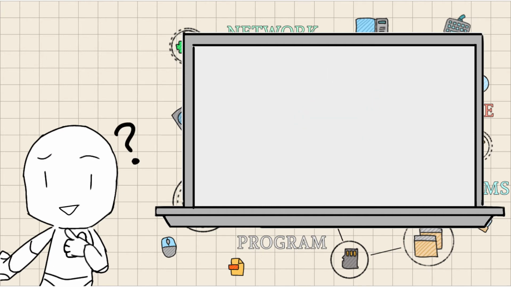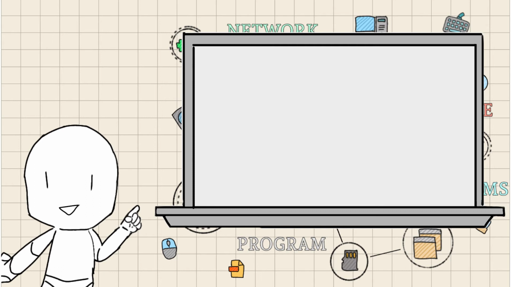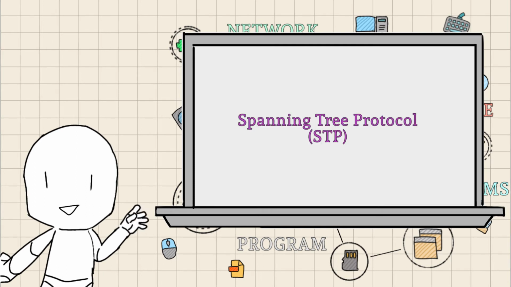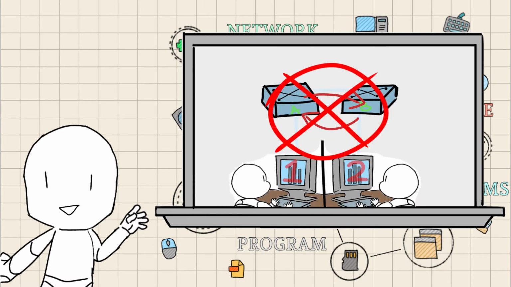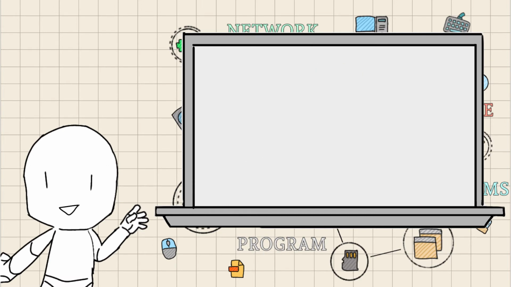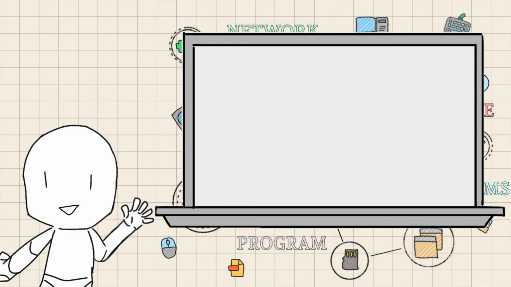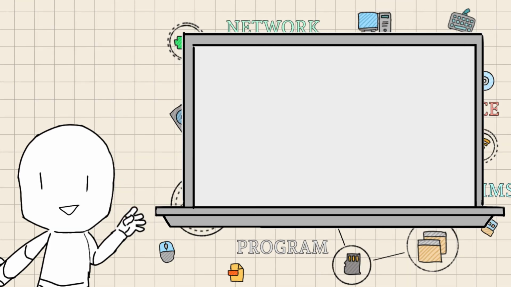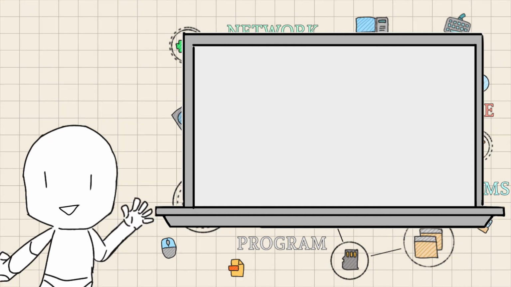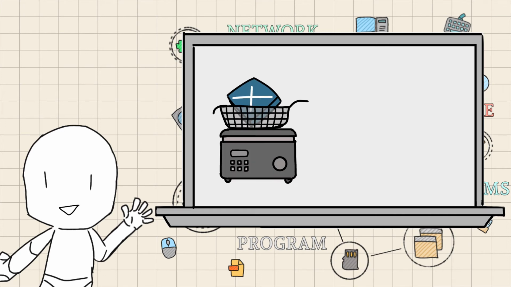Well, with networking protocols, there's a protocol called STP, the Spanning Tree Protocol, that basically stops these endless loops from happening. STP is a protocol that ensures you don't create loops and have a redundant path in your computer network, because loops are quite deadly to your computer network since they become endless and endless, and this could just overfry your switch.